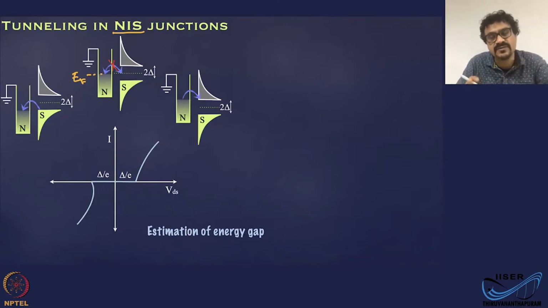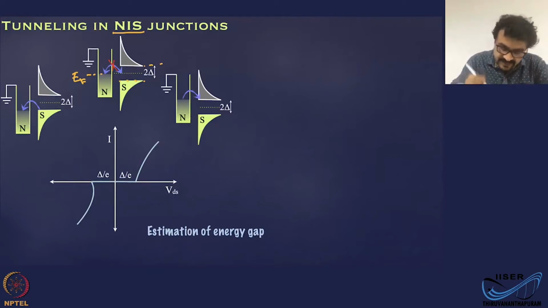That means those are the states for the normal electrons to go until this point, that is Fermi energy minus delta. And you have empty states from this point onward, that is Fermi energy plus delta. And at the Fermi energy, you have no states for electrons, with an energy gap of 2 delta. That means in the energy gap of 2 delta, you have absolutely no states for electrons to reside in the system.